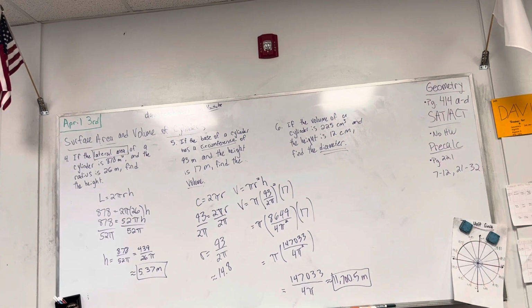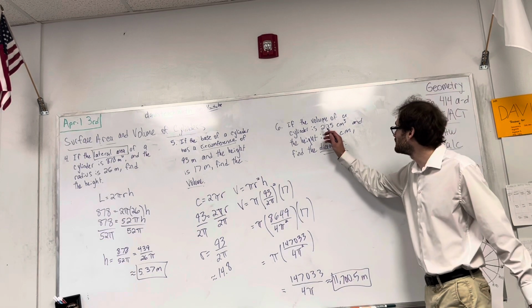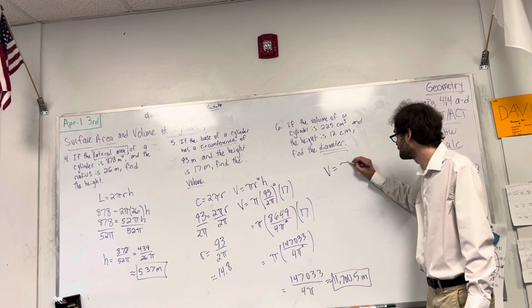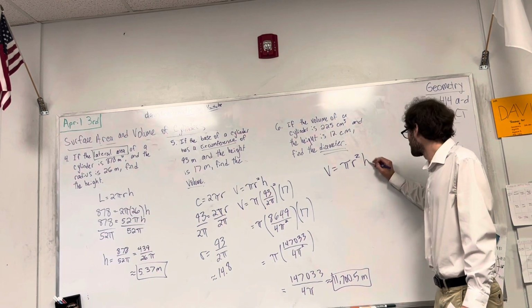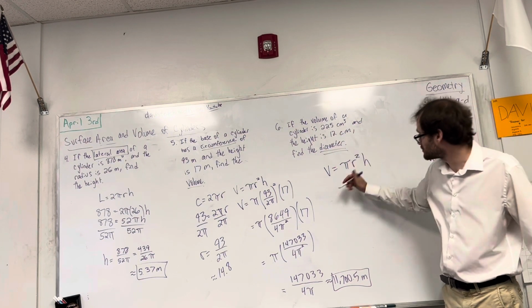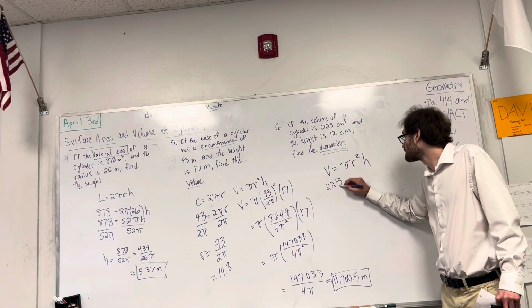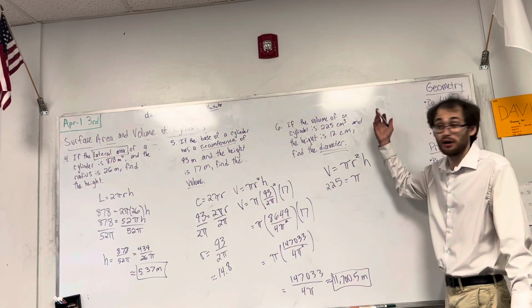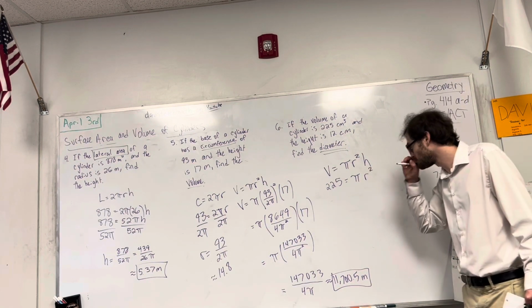Okay, let's see what formulas they gave me. They told me the volume of the cylinder, so I can write that formula down. Let's see what I can substitute in here. I know the volume, that's 225. Pi is just pi. The radius I don't know, so we'll leave that as radius squared.